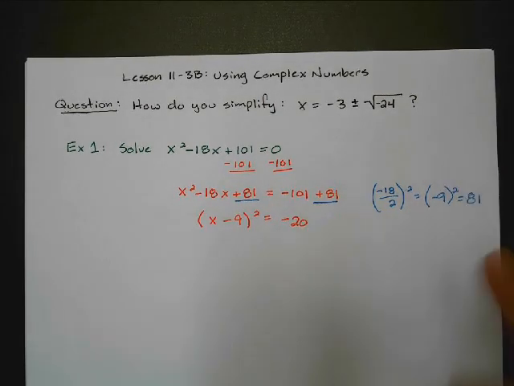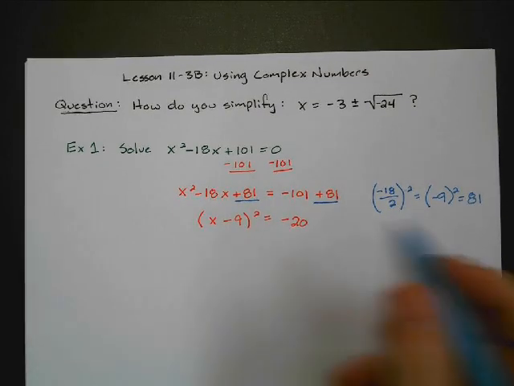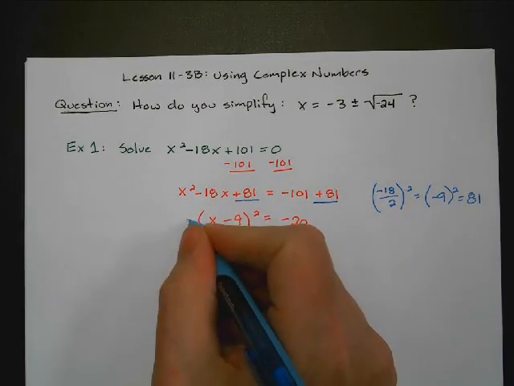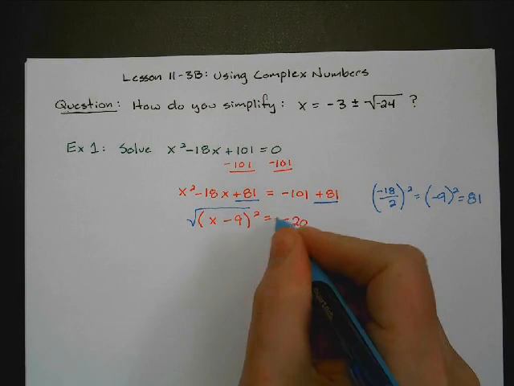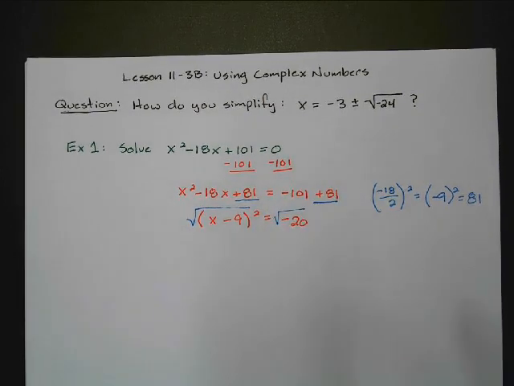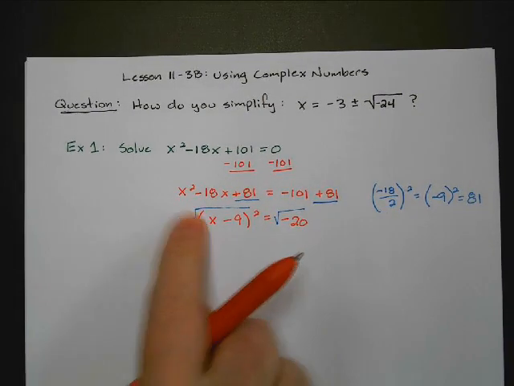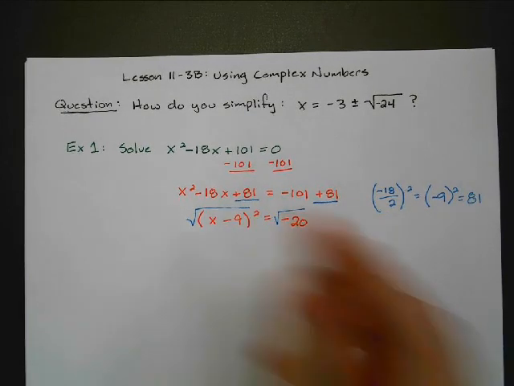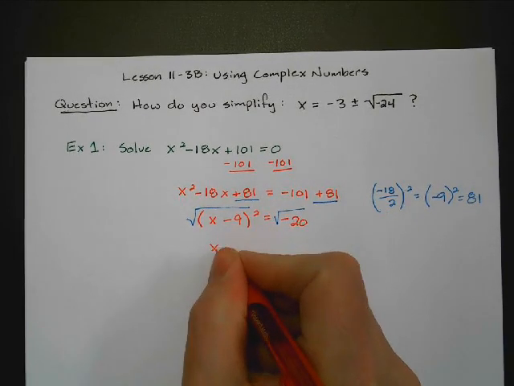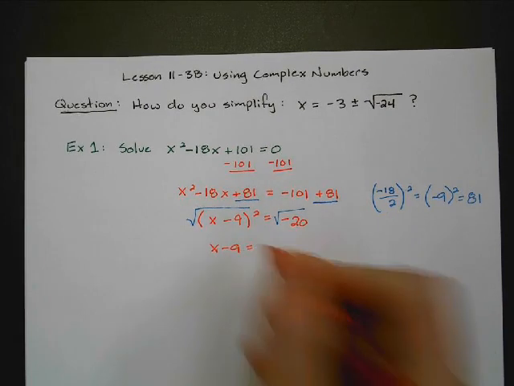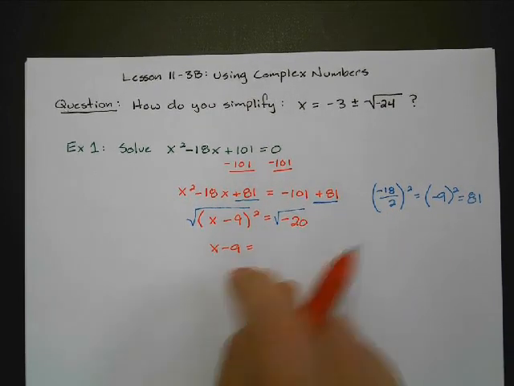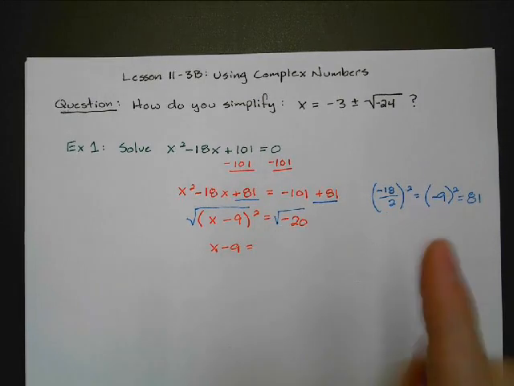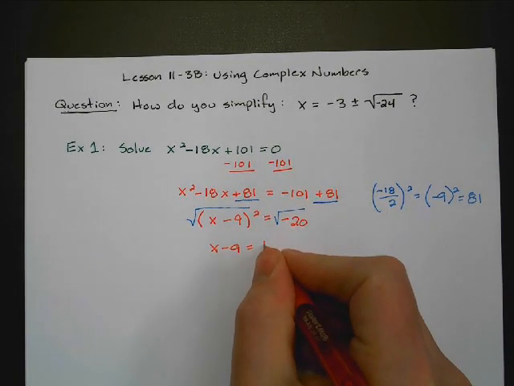All right, so now we're at the point where we can take the square root of both sides. Over here, square roots cancel out squares because they're opposite operations. So we get x minus 9. On the other side, anytime I square root both sides, I have to add plus or minus.